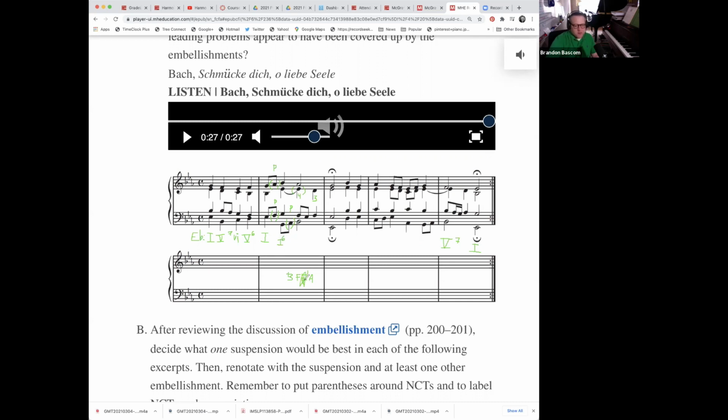So what are we calling B flat, F, and A flat? I've seen that chord before.